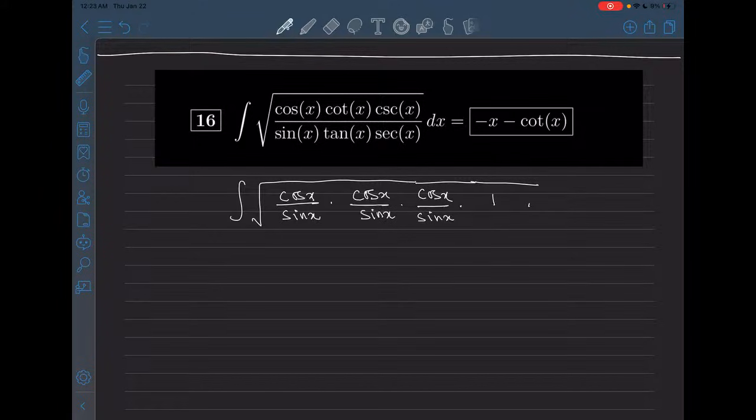For cosec, 1 over sine. For sec, 1 over cos. So this is just cosine square x divided by sine square x. So that is just cot square x dx.